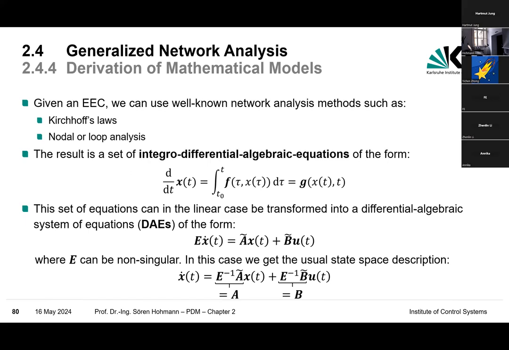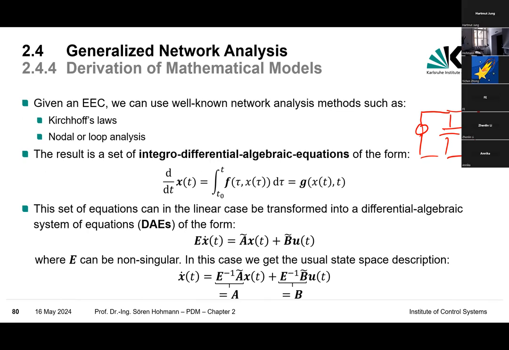Exactly. So there's an example I want to give. If two capacitors are connected in parallel, so if you have, for example, such an equivalent circuit, which looks like this, how many variables do you need to describe such a thing?